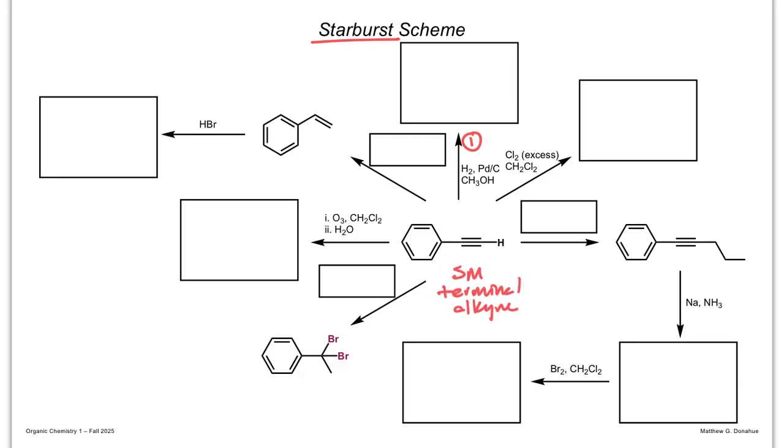So our starting material is a terminal alkyne, and we're going to treat that with hydrogen, palladium on carbon, and methanol. And so that will do a total hydrogenation. So from that phenylacetylene, we're going to make ethyl benzene.